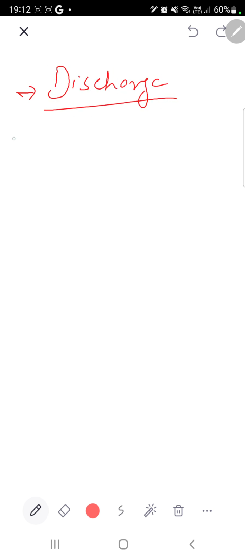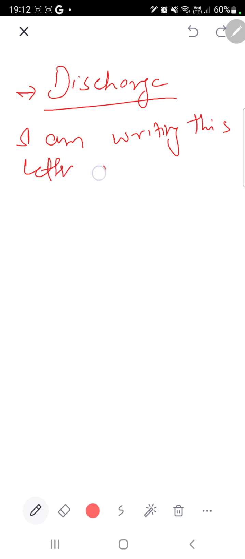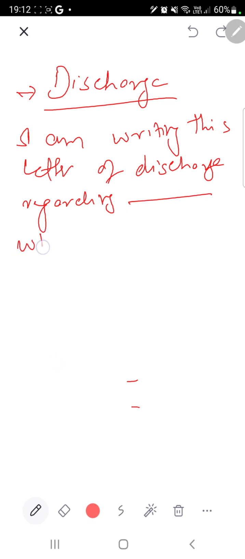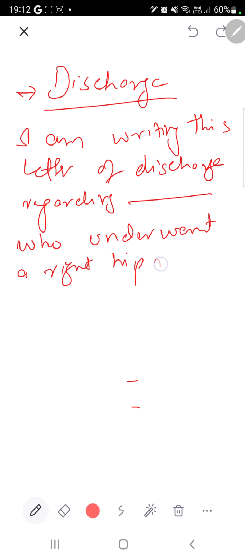Also, we can write the past simple tense in case of a discharge letter. Mostly we are using the past simple tense. For the sake of example: I am writing this letter of discharge regarding patient name, who underwent, let's say, hip replacement.